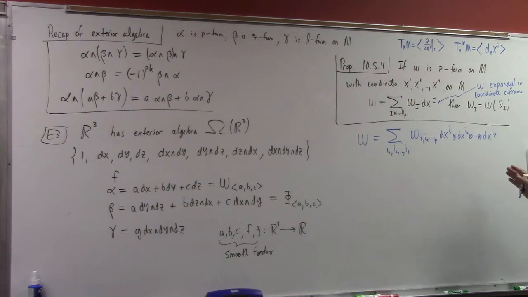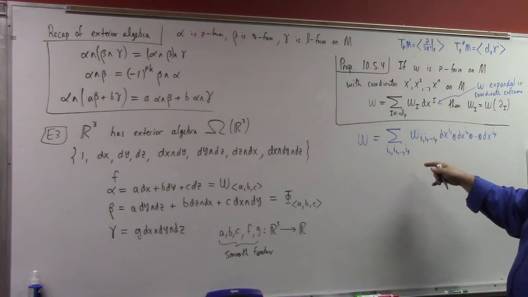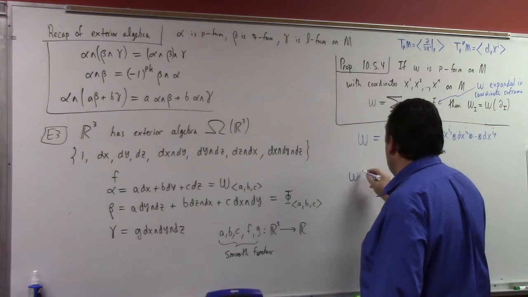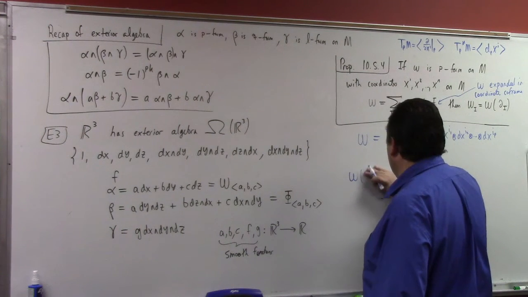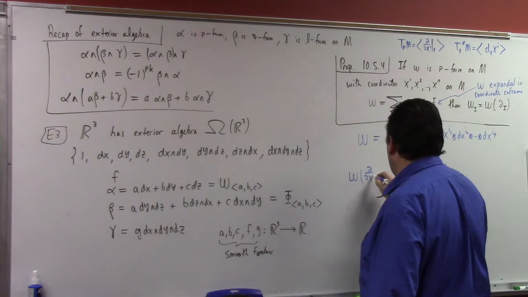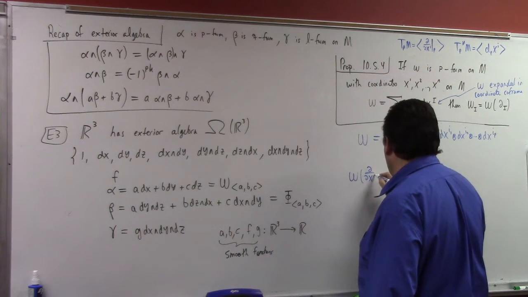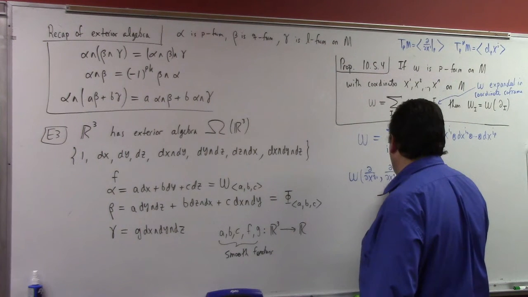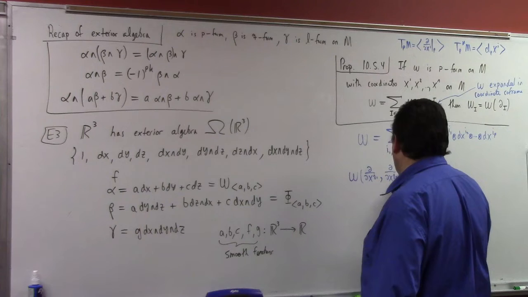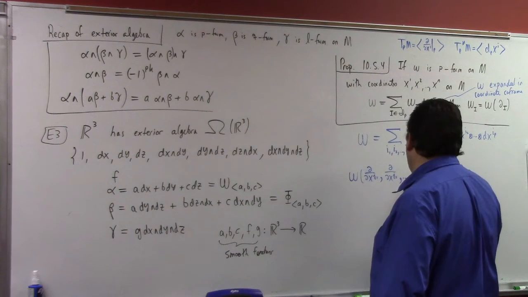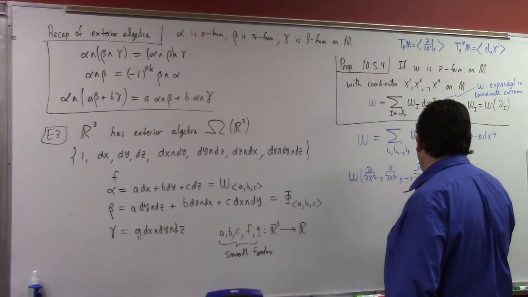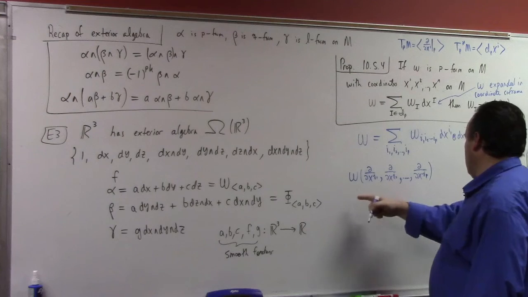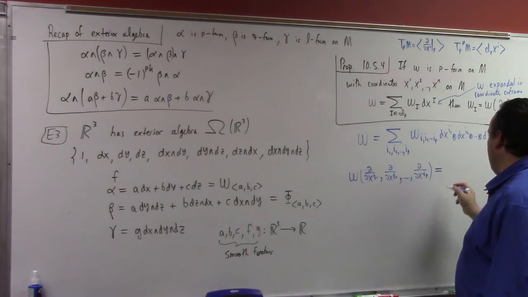Anyway, so if you want to calculate the components of a tensor, as we discussed, you do what? You let it act on partial x j1, partial x j2, ..., partial x jp. And when we do that, we get what?